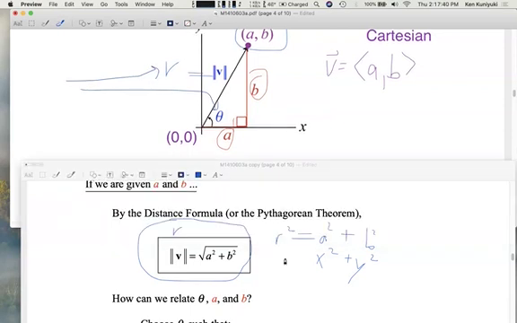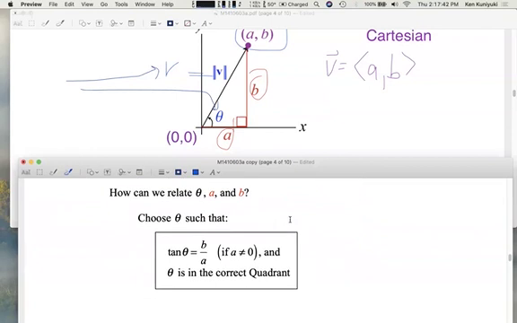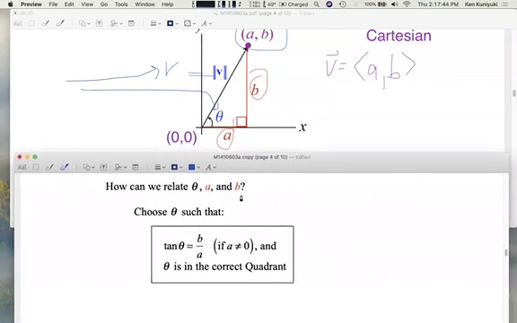How about tangent? How can we relate theta, a and b, or x and y? Okay, well, we need tangent of theta to be b over a, or if you prefer, y over x, more generically. Bear in mind, a cannot be 0, otherwise this is undefined. But if I tell you that the tangent value is undefined, that's helpful. That means that we have maybe a 90-degree angle or a 270-degree angle.